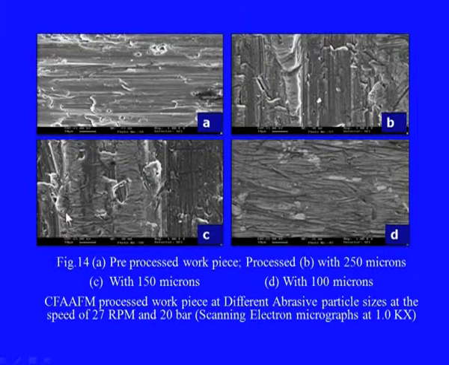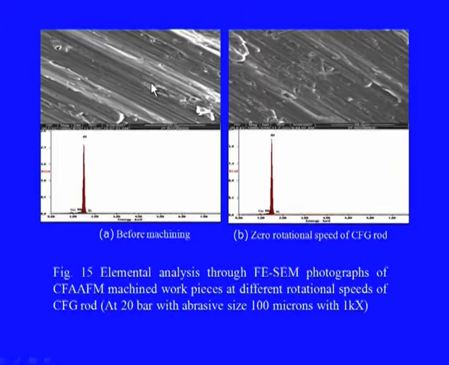This is still finer grade, that is 150 microns, and this surface is machined with 100 micron grades. Therefore, what we have seen from these figures is that as the abrasive grit size gets smaller, the quality of the surface gets better.